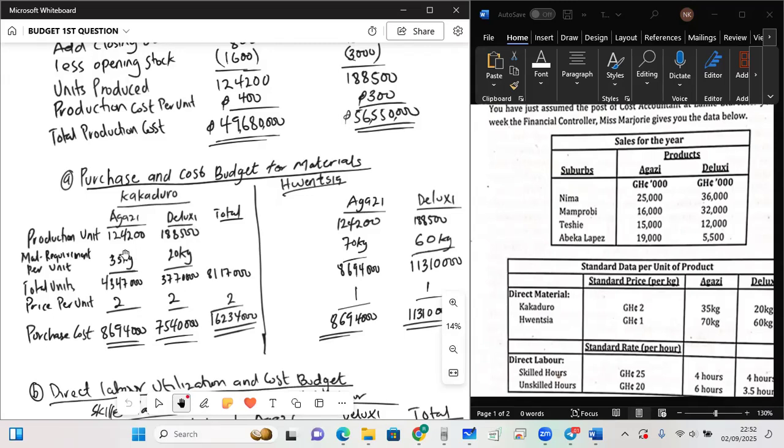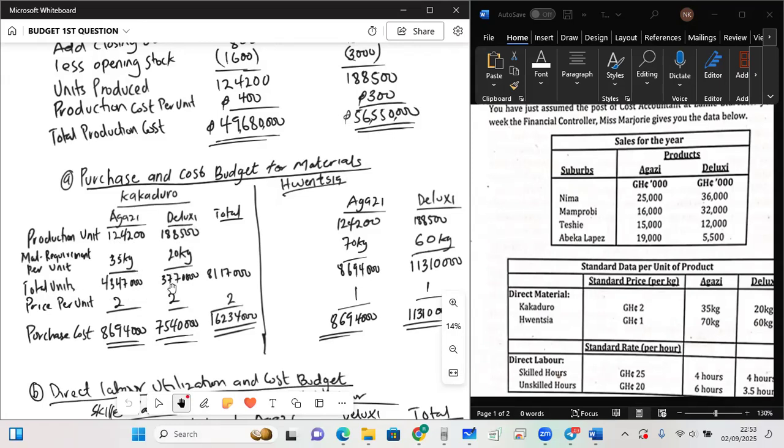Now, for us to get the total units of Kakadro, we need to multiply. So we multiply the production unit by the material requirements per unit, and we are going to get the total units. So here we will need 4,347,000 units of Kakadro for Agazi.